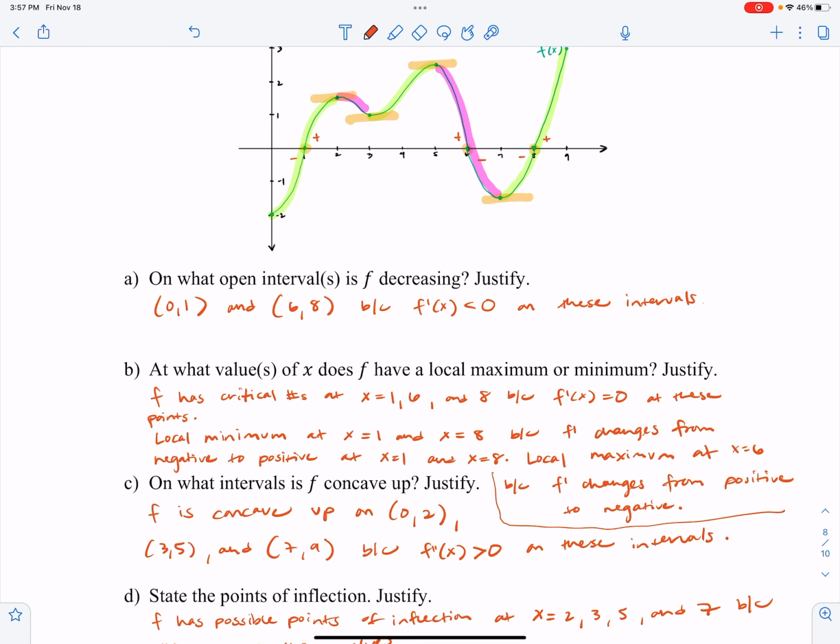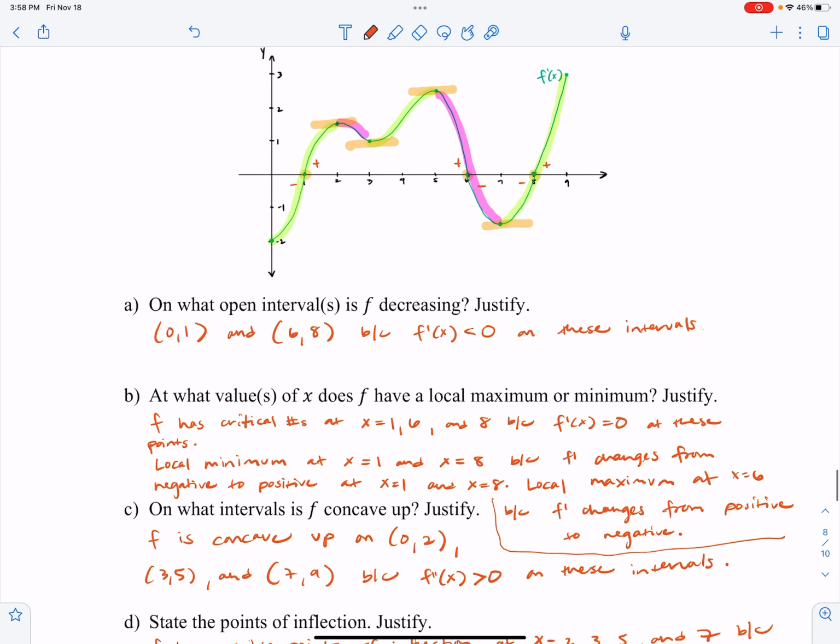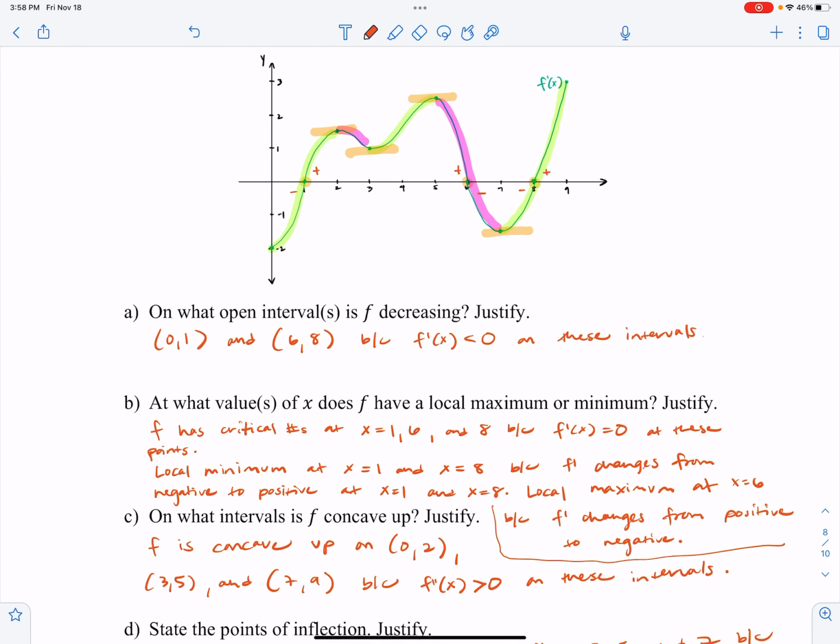Okay, so we can talk about f double prime changing signs. It looks like at 2 and 5, f double prime changes from positive to negative.